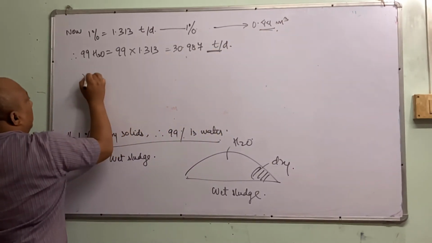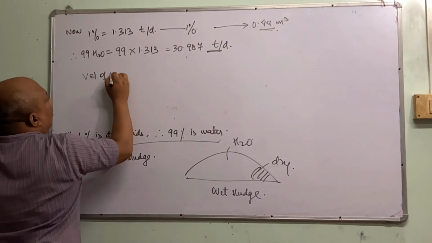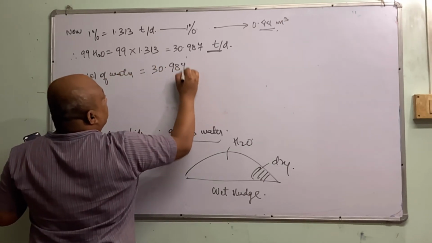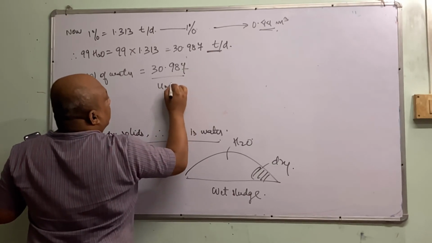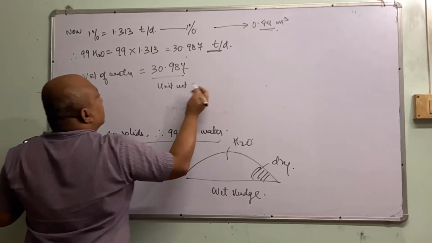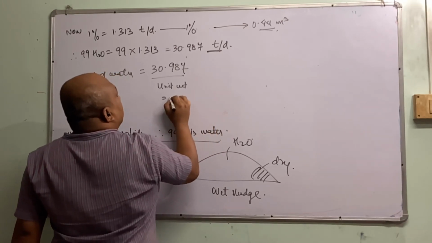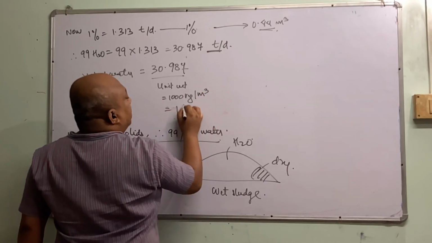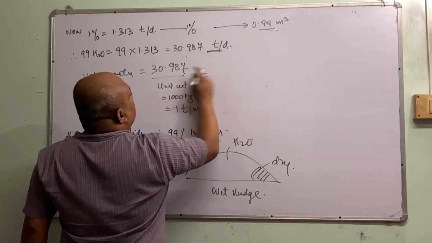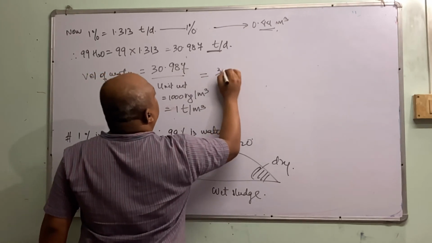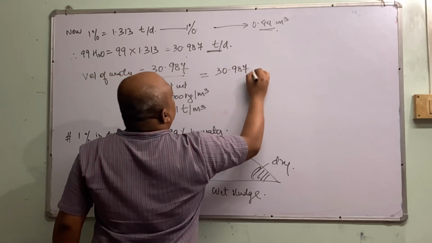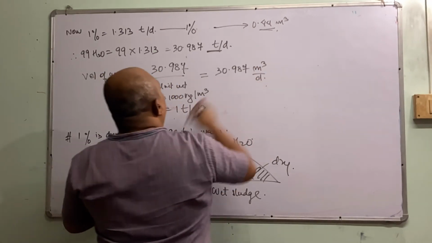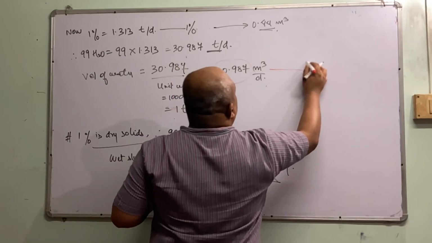Now for water, volume of water is equal to 130.987 divided by its unit weight. The unit weight is 1000 kg per meter cube or 1 ton per meter cube. So 130.987 divided by 1 itself will be 130.987 meter cube per day. Means every day this much volume of sludge will be produced.